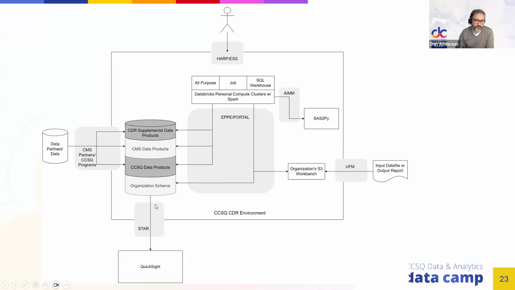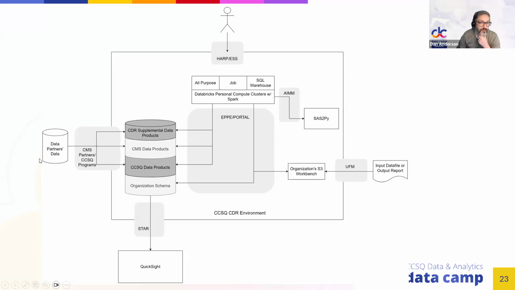This section would definitely be what I would consider your centralized data repository, the data content of it being managed by EPI and Portal. Likewise, EPI Portal is also helping with your permissions to the S3 workbenches. If you need to upload a data file or output a report, UFM is handling this connection to S3 workbench.